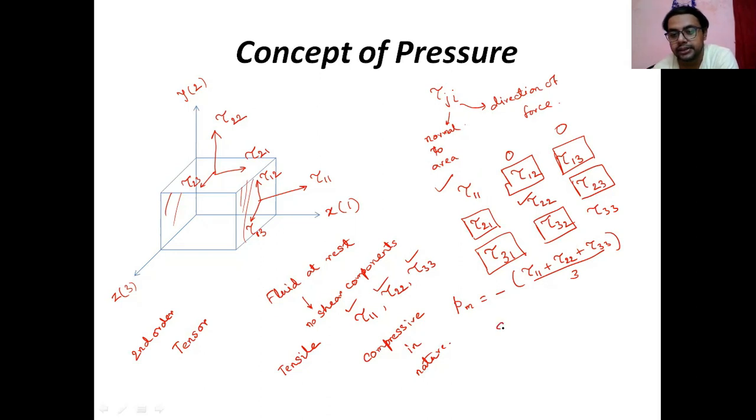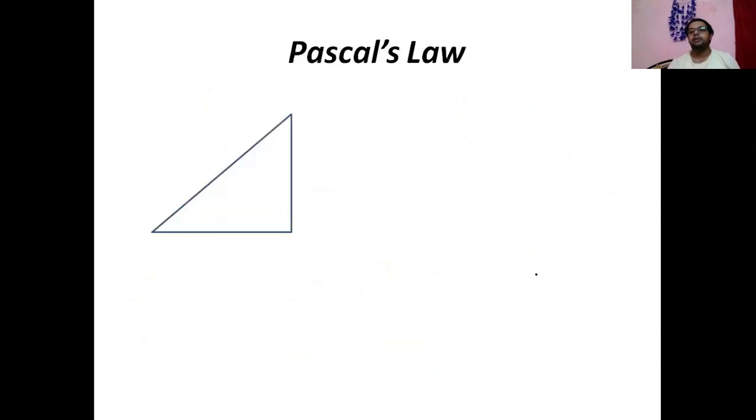But whether the pressure is a scalar, vector, or tensor. This is now the scenario here. So you take one component, this element here, one triangular element where this angle is 90 degrees.